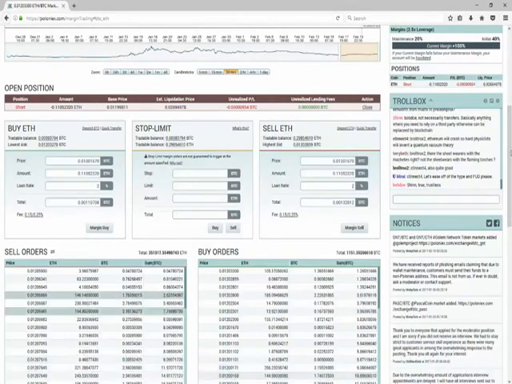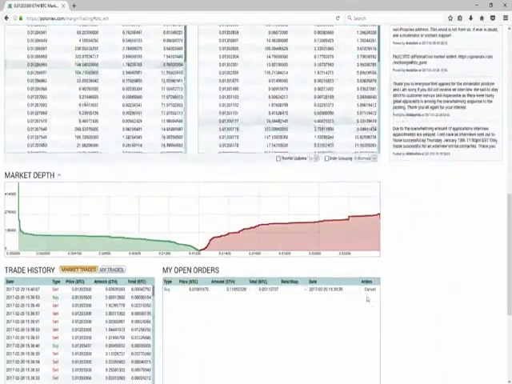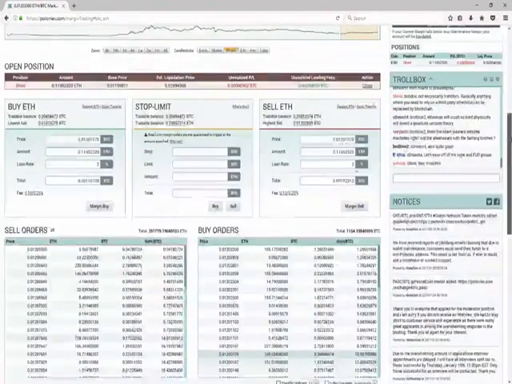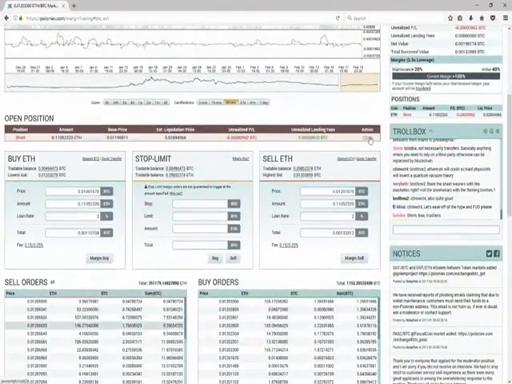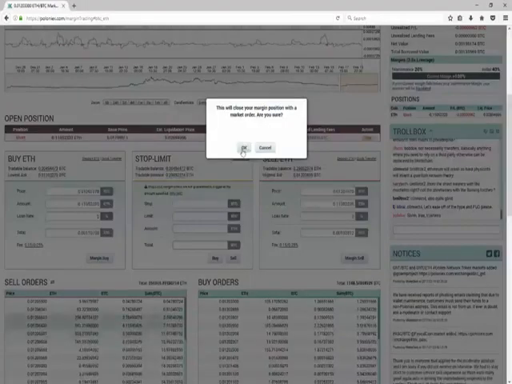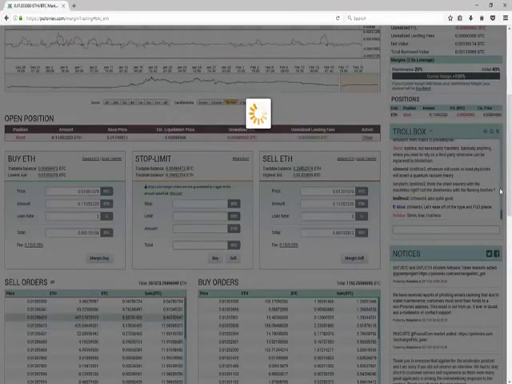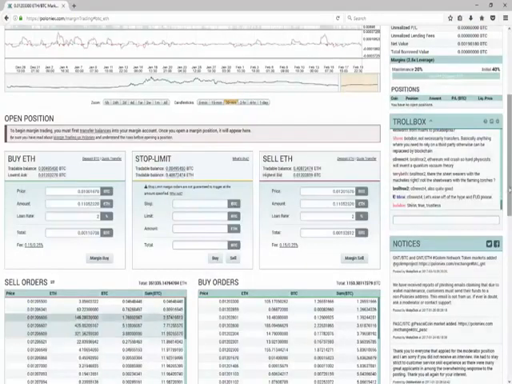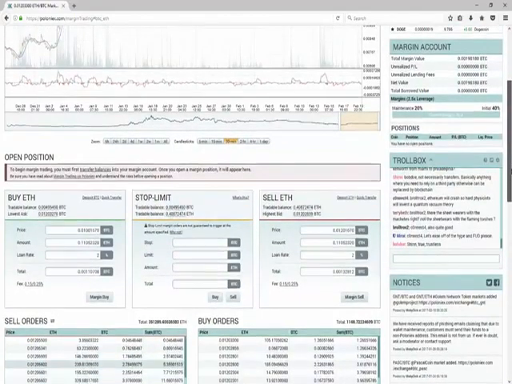And let's say I just wanted to close out quickly out of my trade. Then all I have to do is hit close right here. And it just closes me out. And that's that. So that's how you short an altcoin.